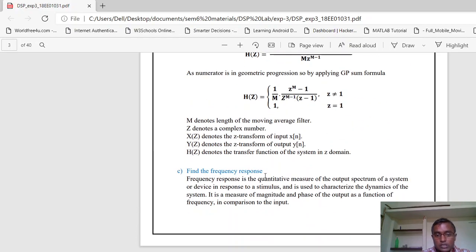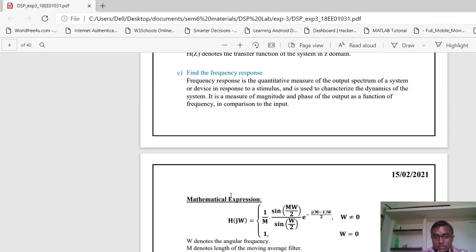After that, the frequency response. The frequency response of a system is generally defined as the Fourier transform of h of t, the impulse response of the system. This is the expression I got for this moving average filter.